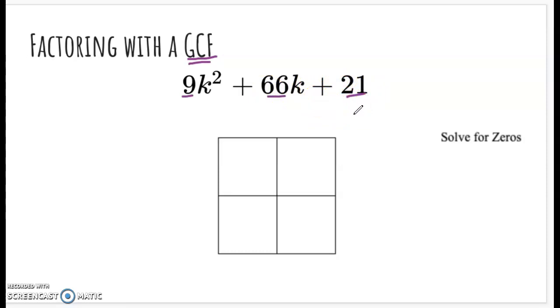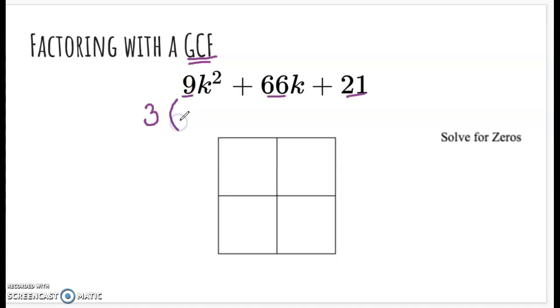There's going to be a lot of factor pairs that go into factoring this polynomial. But you may also know that 9, 66, and 21, those all have a factor of 3. Those can all be divided nicely by the number 3.